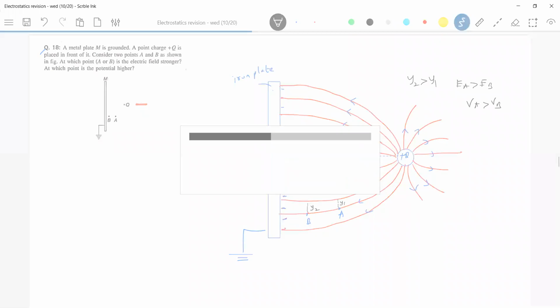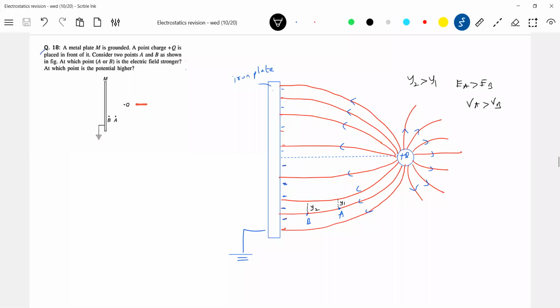So here we should be very good at drawing lines of force. If you don't draw lines of force, it is not possible. Can you go for any mathematics? Very difficult, no? Because look at the field. Will the charge distribution on the plate be uniform or non-uniform?